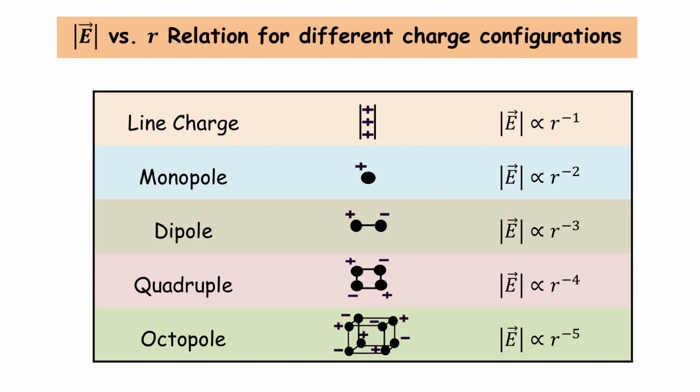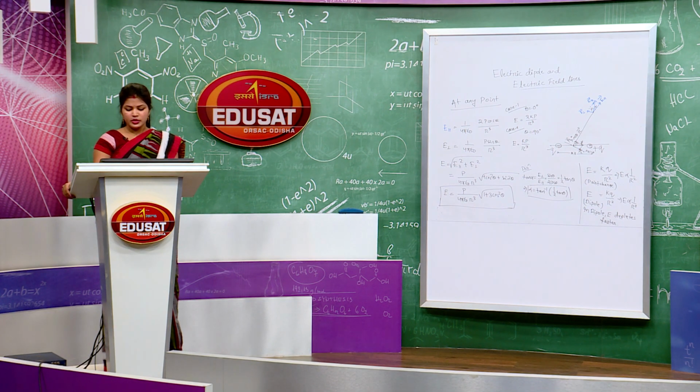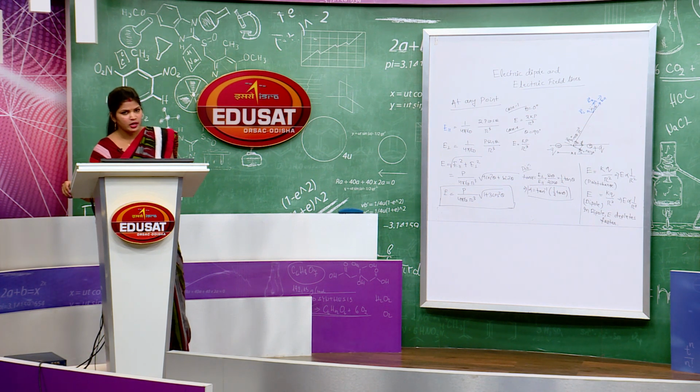What is quadrupole? That is sum of two electric dipoles, and E varies with R to the power minus 5 in case of octupoles, that is sum of two quadrupoles. Okay. You should know this, it is very interesting. So, it is all about electric dipole.